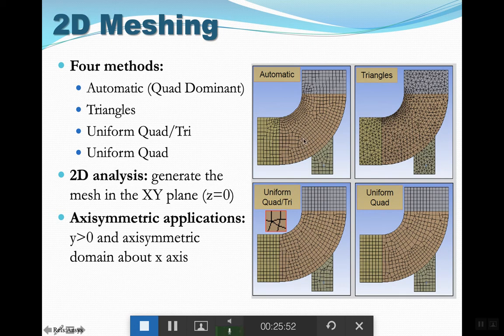In automatic, the software will take some general settings, which we will come back to. The general settings are called global settings. The software will take those global settings and create a mesh, and wherever it suits, it will use whatever it sees fit. In triangle, it will only use triangular cells. In uniform quad, it will use only quad cells, and in uniform quad tri, it will use a mixture of those cells.